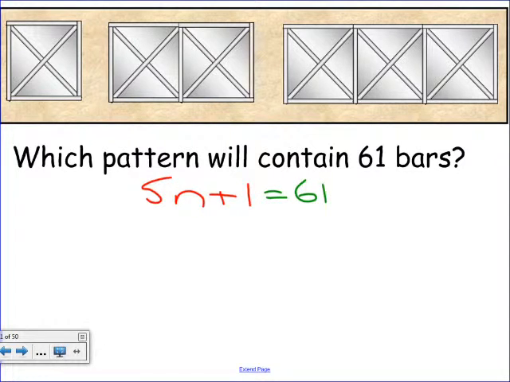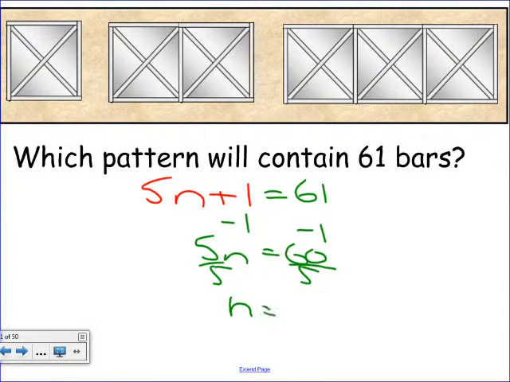As soon as I do that, alarm bells start ringing. Two-step equation. Step 1, minus 1. Take away the 1. 5n equals 60. Step 2, divide by 5. And n equals 12. So my 12th pattern will contain the 61 bars.